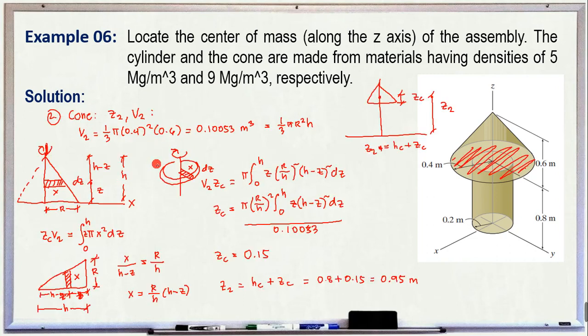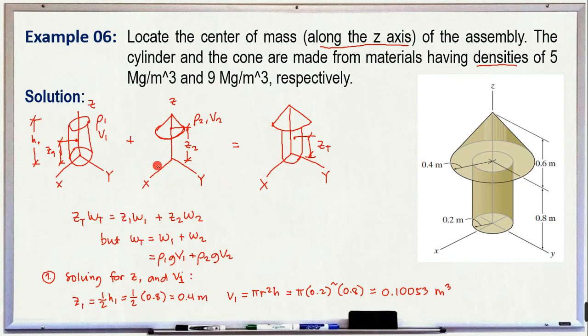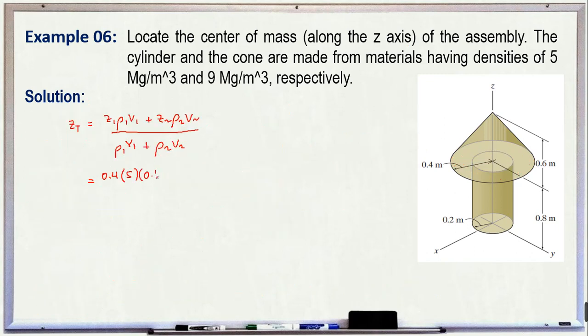The volume is how much? 0.10053, plus Z sub 2 is 0.95 multiplied by its density, we have 9. Then the V2 is the same, we have 0.10053 divided by density 1, 5, volume 0.10053 plus density 2, 9 times 0.10053.